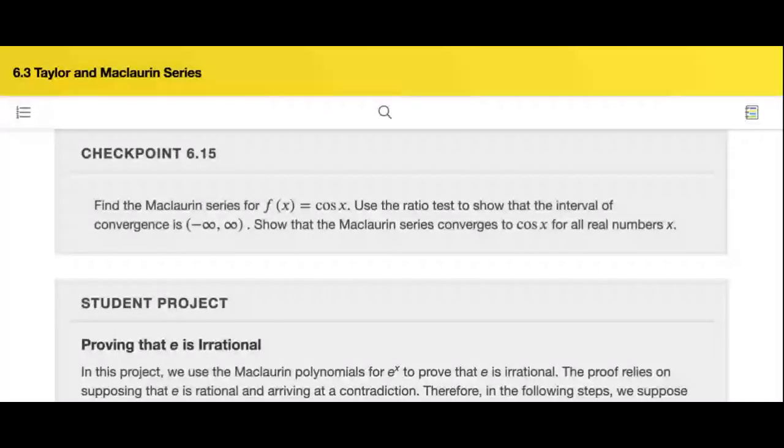The nth term, the numerator is x raised to 2n divided by n factorial, like the Lorentz series, right? Why did I put a parenthesis? I don't need parenthesis. Oh, I need parenthesis for this power. And of course, n goes from 0 up to infinity.